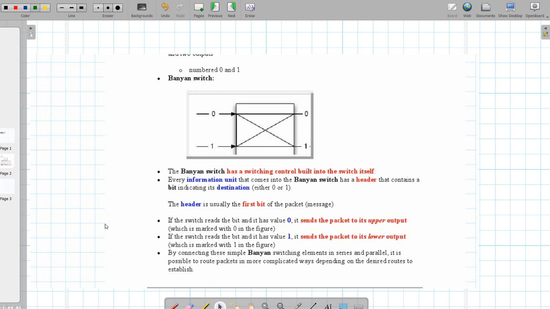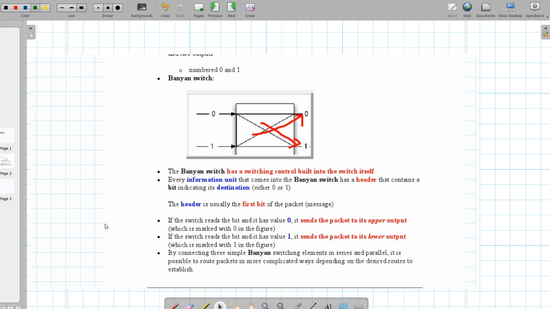So if the information which has arrived into the Banyan switch contains 0 in its first bit of the packet, then it will be routed towards this output. Now if the first bit of the packet has 1, then it is routed towards the second output port, that is 1.